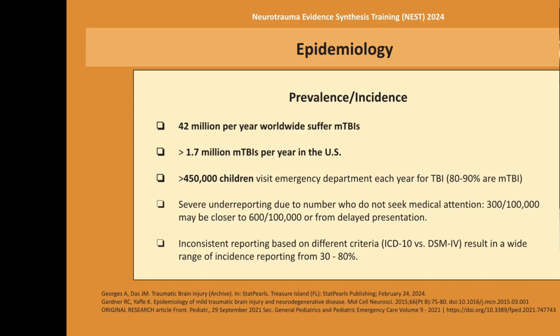Over 450,000 children, as a subset of that 1.7 million, visit emergency departments each year for traumatic brain injury, of which almost 90% are classified as mild. And here I mention again the severe underreporting. Let's get to the next slide.